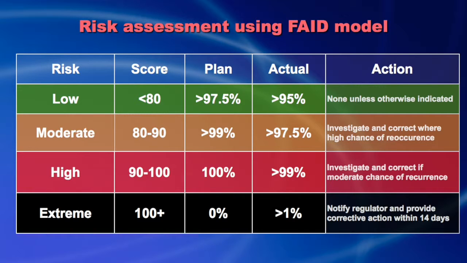You will also see that there is a slippage between planned and actual, because as is the case in many organisations, things don't always go according to plan, and we accept the fact that there will always be a little bit of slippage. The difficulty, however, in an organisation is to make sure that the slippage is constrained and you don't end up with a slippery slope argument.